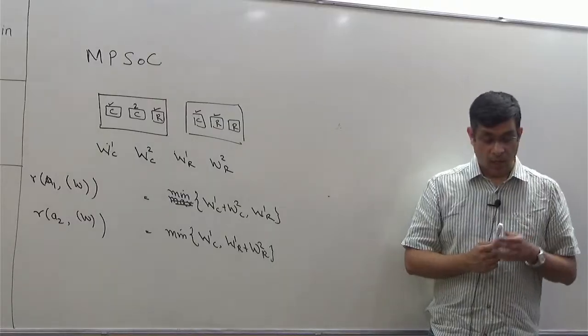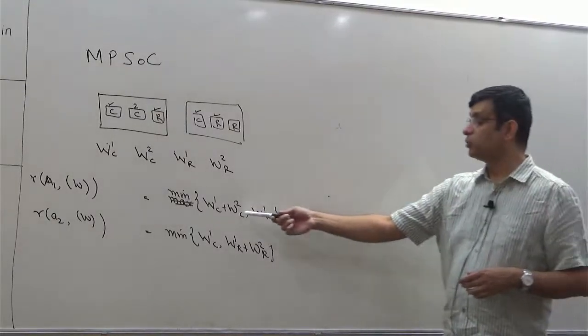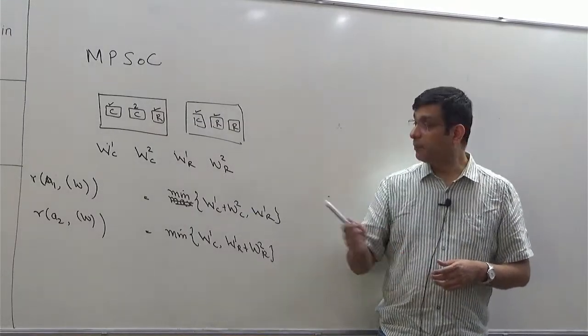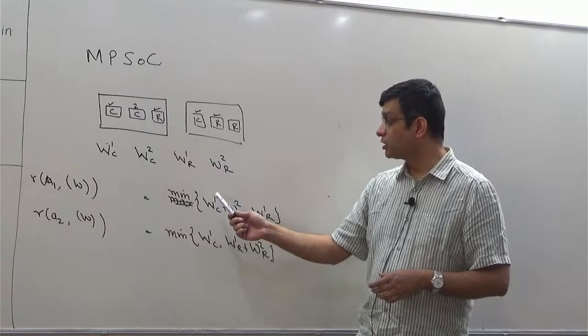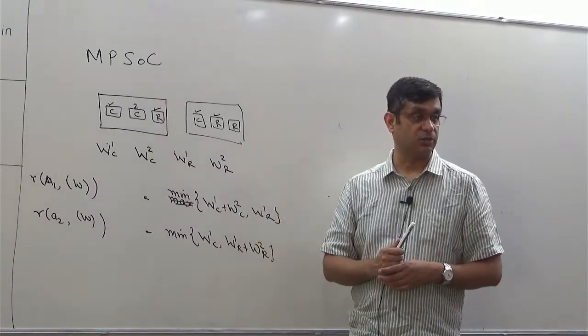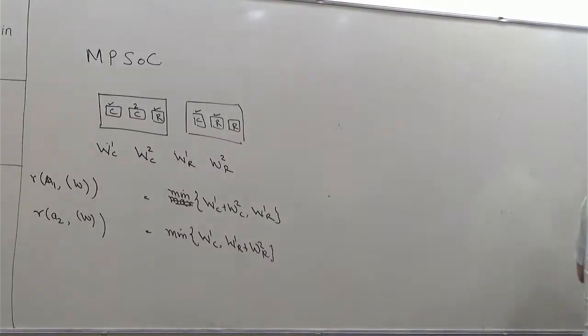Okay. But the challenge is, in reality, I don't know whether these guys are going to be independent random variables or not. In particular, this is definitely not the case that W1C and W1R are independent random variables, because the reason a circuit breaks down is due to thermal effects.